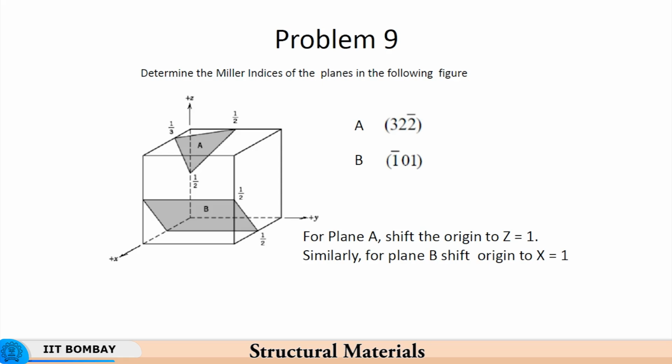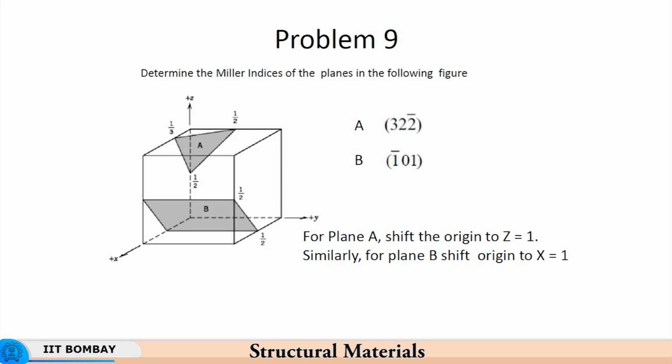So half, and this is minus half. As a result, if you take the reciprocal, we will get 3 2 and bar 2. So that is the Miller index for this plane A.